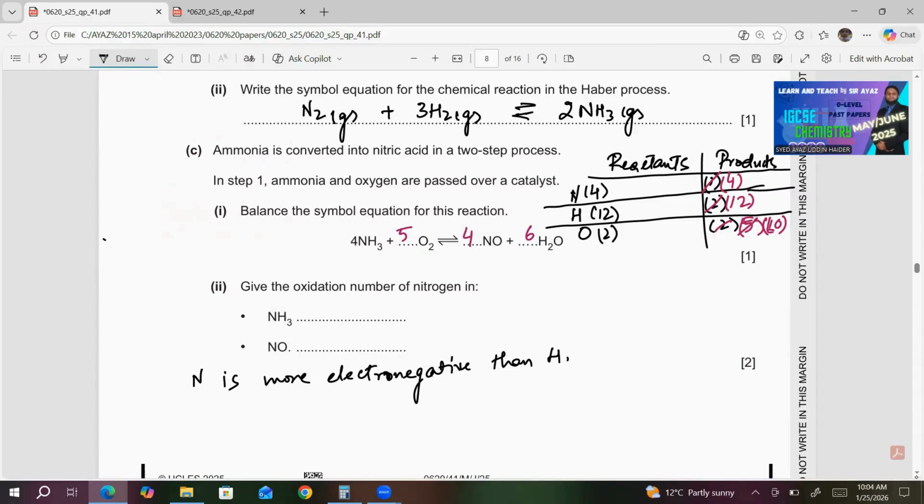And the element with more power to attract electrons will carry minus charge here. And if you see that hydrogen, there are 3 atoms of hydrogen. So in order to balance these 3 hydrogen atoms, we need to put -3 on nitrogen. The more electronegative atom will carry negative charge.